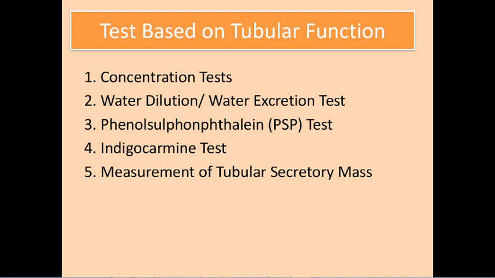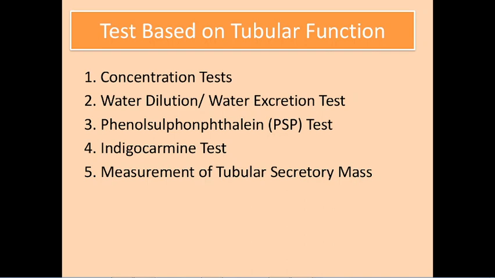We have seen that 99% of water in the glomerular filtrate is reabsorbed during its passage through different segments of the renal tubules. The concentrating ability of kidneys is determined by measuring the specific gravity of urine, but in cases of tubular disease, it remains constant at approximately 1.010 regardless of the variation in fluid intake.